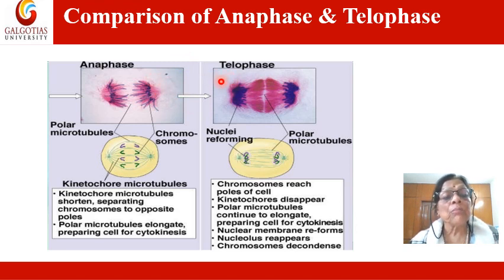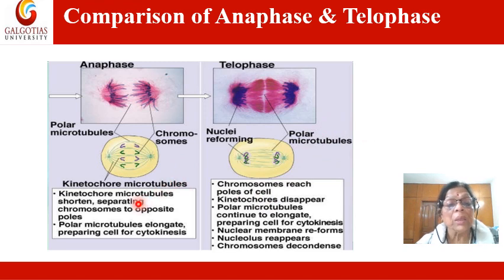And during telophase, what happens? They completely come to the two poles, and the nucleus is completely divided into two, but having the same genetic makeup. And this is the diagrammatic presentation of anaphase and telophase.